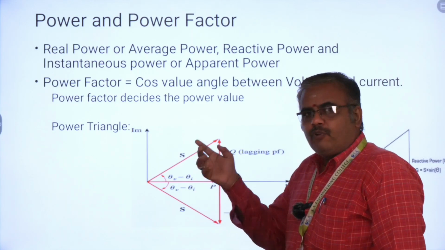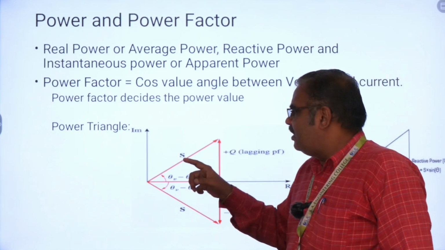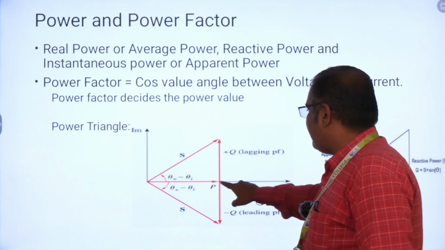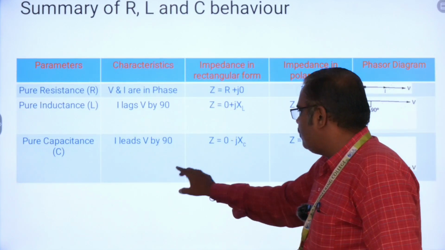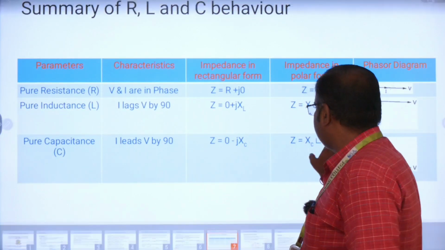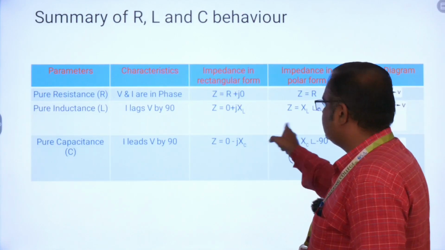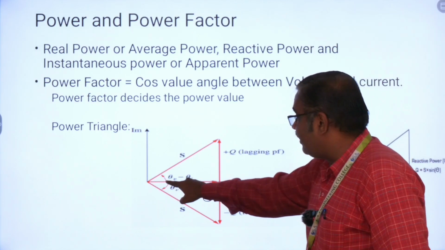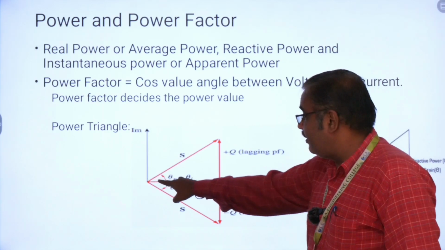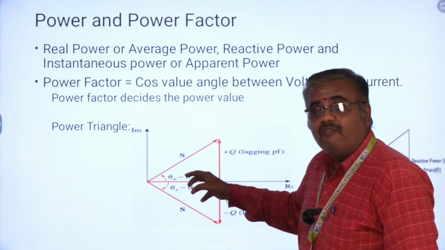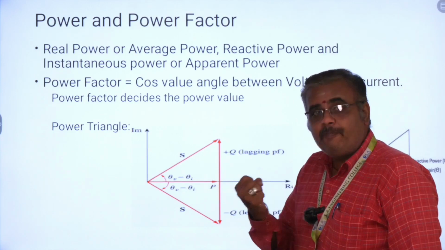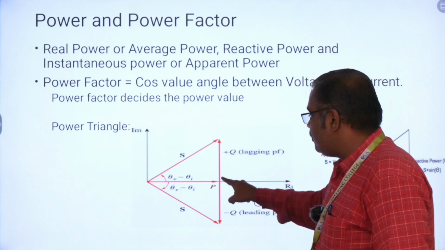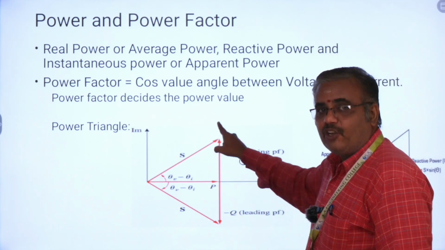To represent this, we have considered a triangle like this, where this is your x-axis, which gives you the real power. A resistance is a component which dissipates heat. So this is your real power, and this imaginary axis indicates the reactive powers.